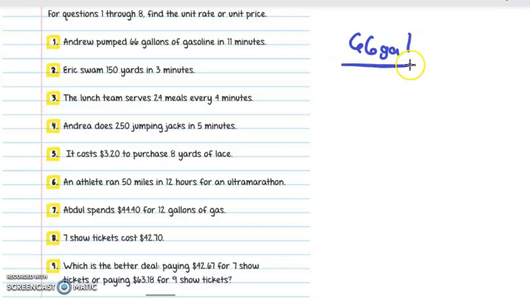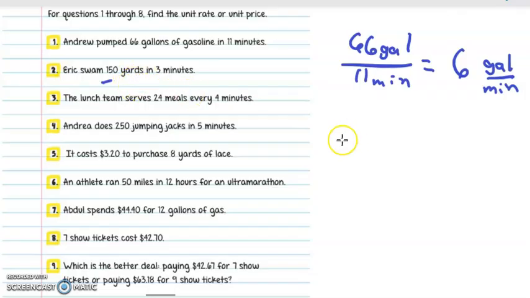To get my unit rate, I simply divide 66 by 11 and I get 6. But notice it's 6 gallons per 1 minute. Those units stay in that ratio, they stay in the same general configuration, but we apply that ratio, gallons per minute, to that integer out front, or we could have a fraction or a decimal out front. Same thing.